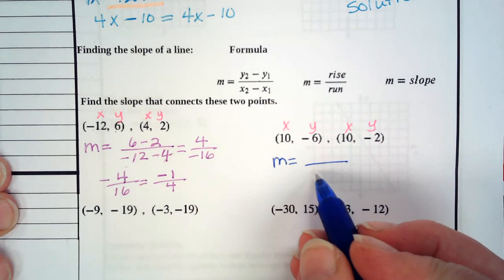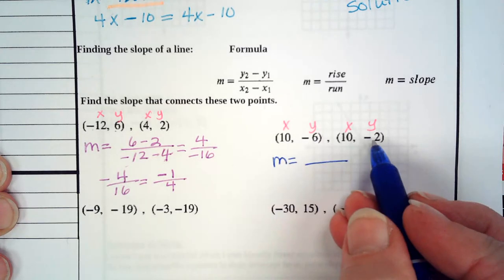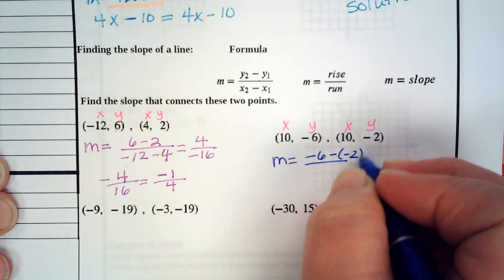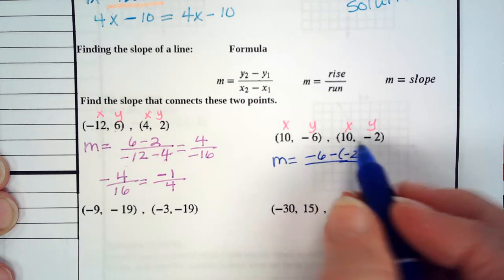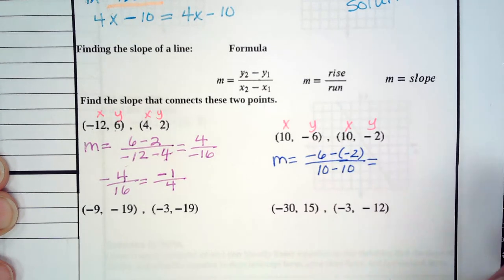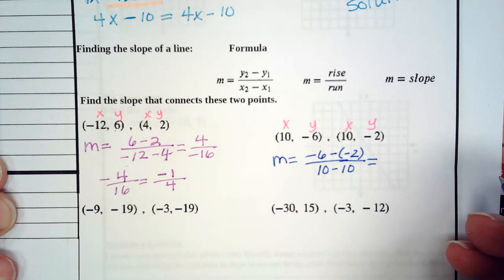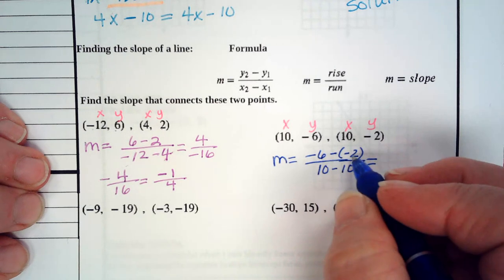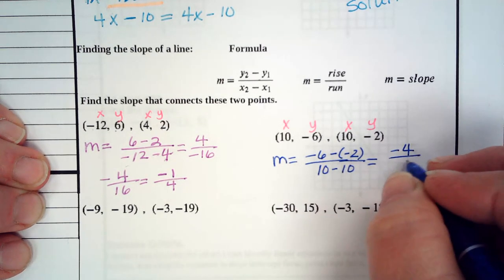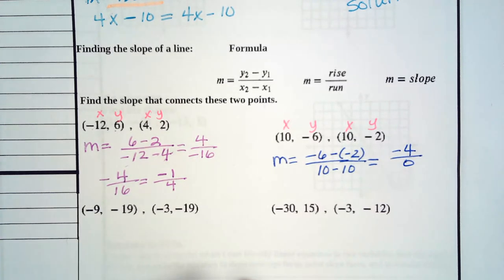What are my two y values? Negative 6 minus negative 2. What are my two x values? 10 minus 10. Negative 6 minus a negative 2 is negative 6 plus 2. Negative 4 over 0. 10 minus 10 is 0. Can we divide by 0?